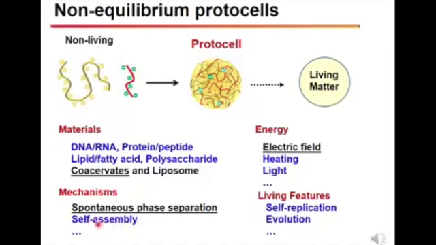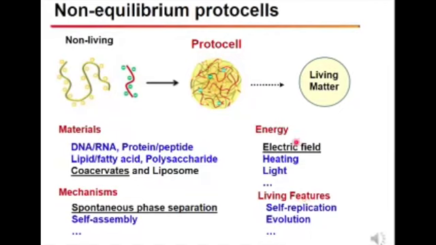We choose spontaneous phase separation. The next parameter is living features. There are a lot of them, like self-replication, evolution, metabolism, mass transportation, and so on. The key is you have to choose one protocell to have all those living features, or the protocell has the capacity to have all of them.